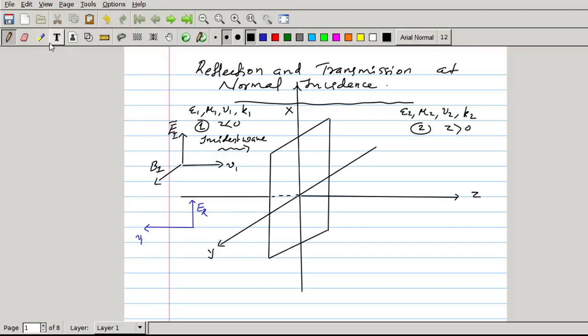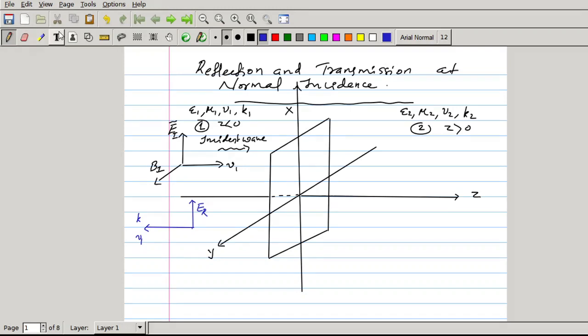If the electric field is along the x direction and propagation is along this direction, then the magnetic field will be along k cross E. Vector k for the reflected wave is along this direction, so k cross E will point along the negative y direction.